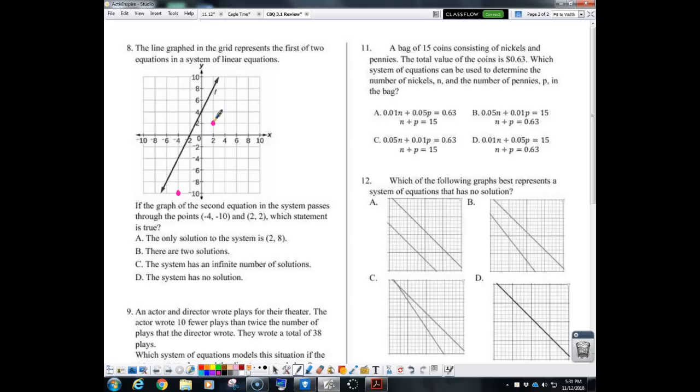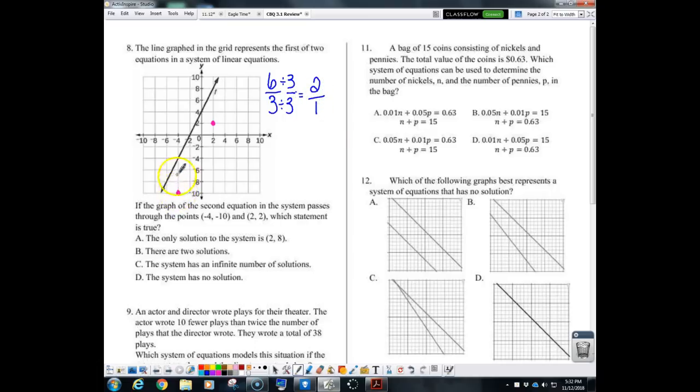Okay, so the first thing I like to do is to see what kind of pattern I have. So I go up 1, 2, 3, 4, 5, 6, and over 3. Well, 6 over 3, can I simplify that? If I divide the top by 3 and the bottom by 3, that means it is 2 over 1.